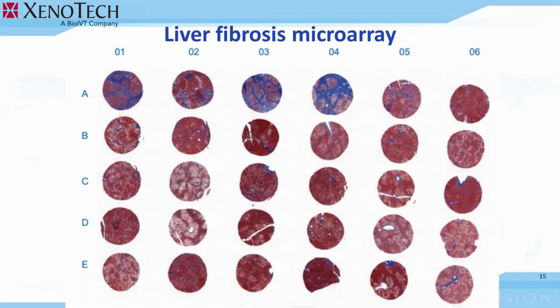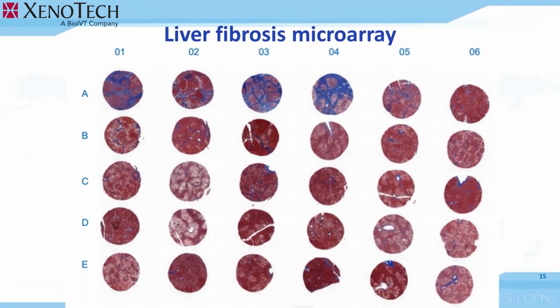This is an image of a liver fibrosis microarray. They are provided unstained, but you can view stained examples on our website or data sheets, and you can do it adjusting magnification for better appreciation of specific histological features.